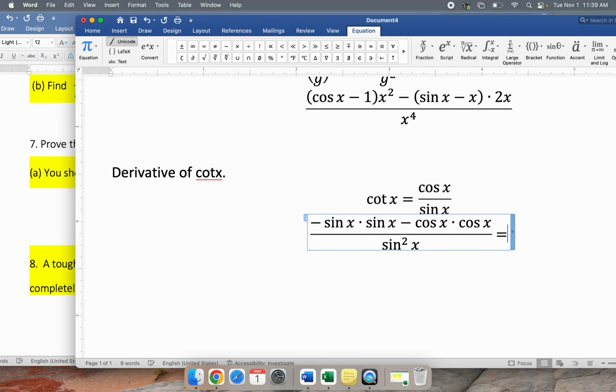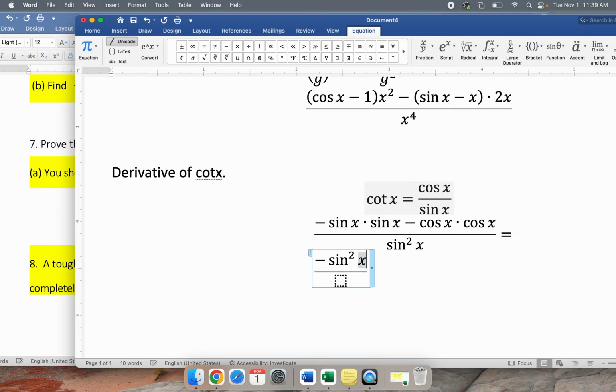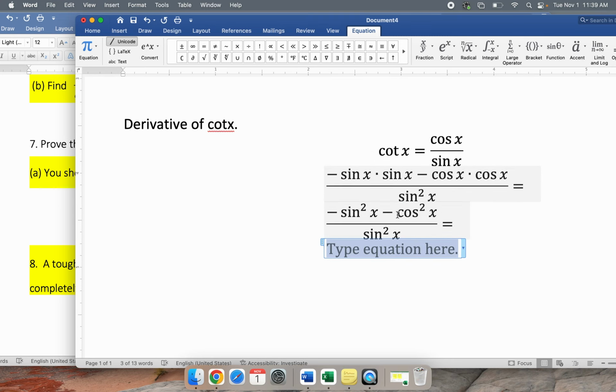It can be cleaned up quite a bit. That's going to be equal to, well, these two terms here, negative sine times sine, that's just negative sine squared x. These two terms here, minus cosine times cosine, that's just minus cosine squared x, all over sine squared x. Now, the thing that you might notice about the numerator in this expression is that both terms are negative, and so you can actually factor out a minus sign, which is like factoring out a -1 if you prefer.